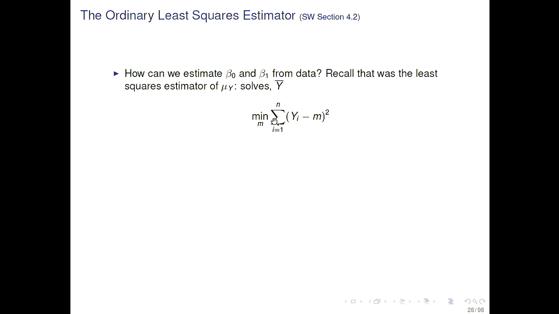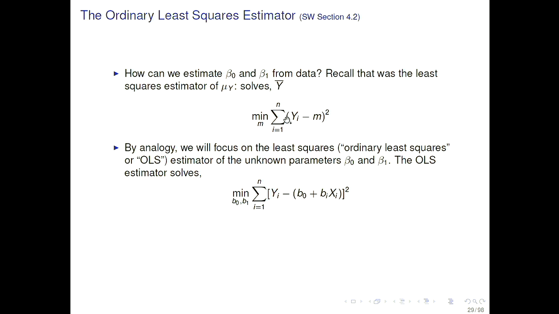When we solve this optimization problem, the solution turns out to be the sample mean. And using the sample mean, we want to estimate the population mean. So our objective function for the linear regression problem is very similar to this estimation of mean problem.